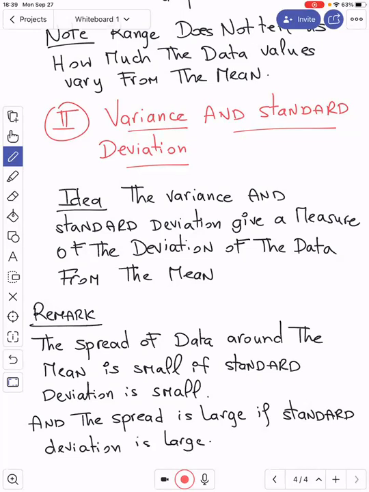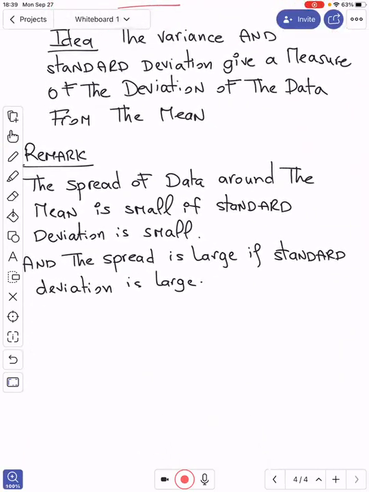Anyway, I'm going to show you now how to compute the variance and the standard deviation.